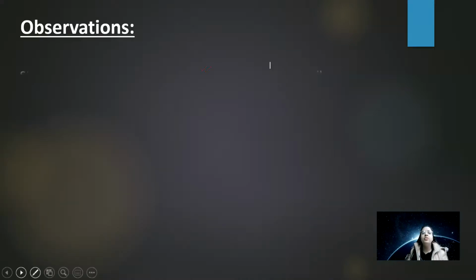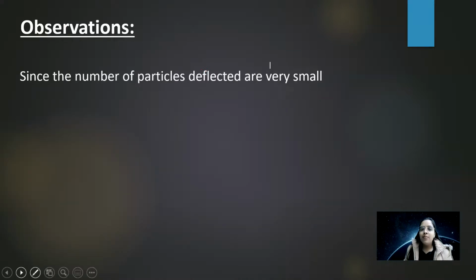The fourth observation is this: since the number of deflected particles is very small, if there are 1,000 particles interacting with your gold foil, only one particle is deflected back at 180, and very few particles are deflecting at small angles, right?